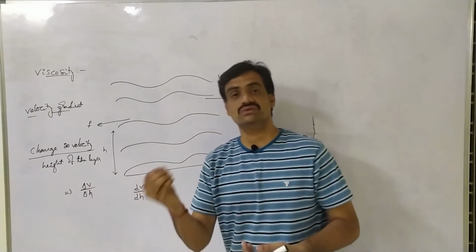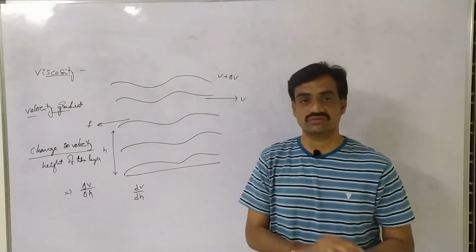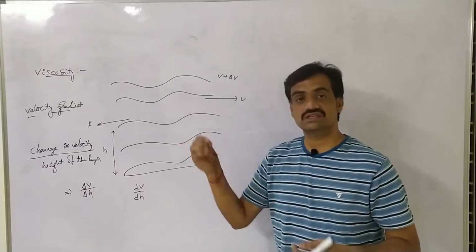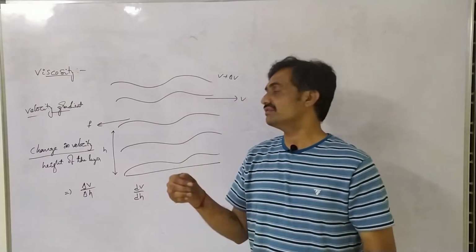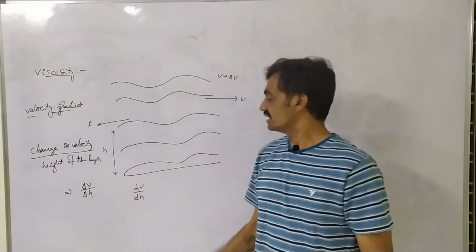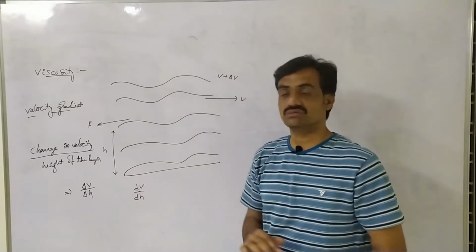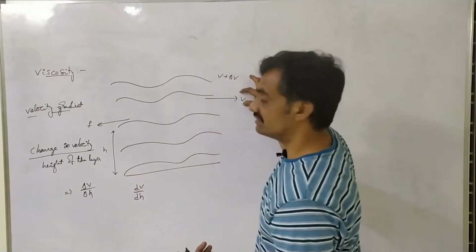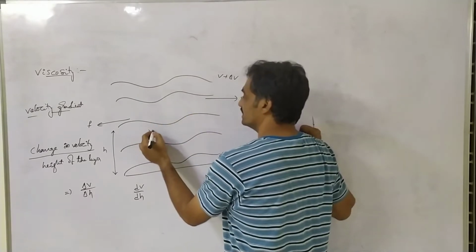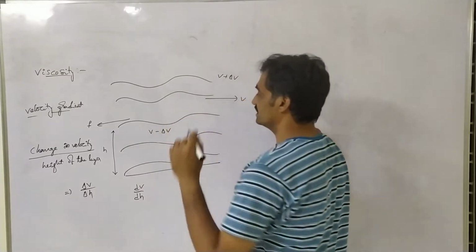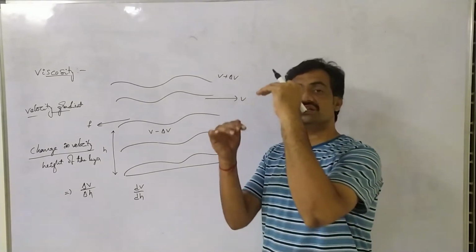Without a velocity gradient we cannot have viscosity in the fluid. So if there is viscosity in a fluid, that means automatically a velocity gradient will be present in the fluid. It varies from top to bottom. Since we considered the velocity v, the lower layer is represented as v minus delta v. In this way the velocity continuously changes from one layer to another layer.